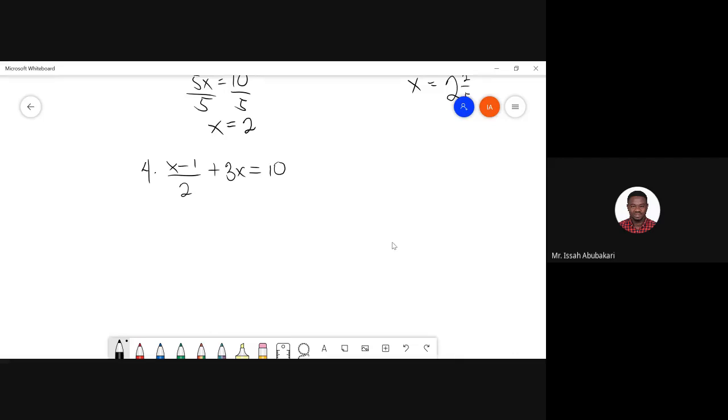All right. So how many denominators do we have? 1. Okay, 1. And that is what? No, I mean the denominator is what? What is the denominator?